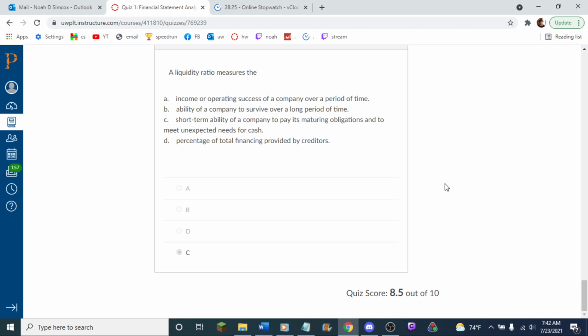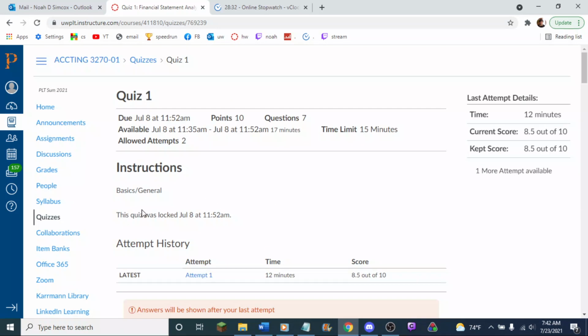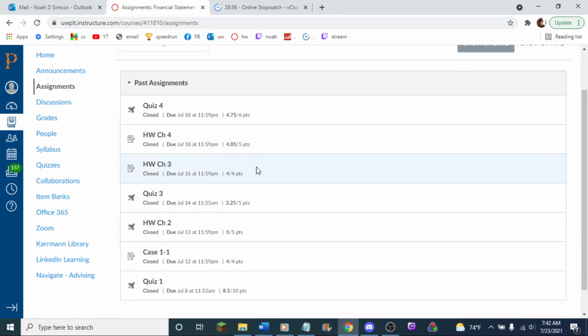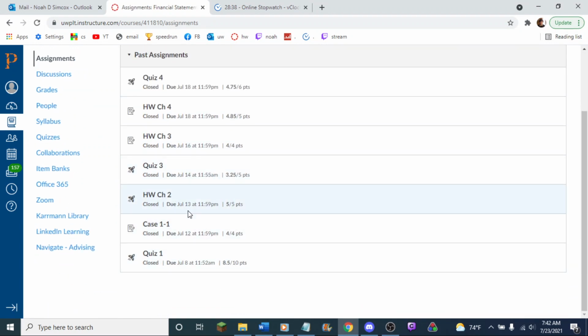A liquidity ratio measures the short-term ability of the company to pay its maturing obligations and to meet unexpected needs for cash. Well, looks like we're studying quizzes. I bet I'm not going to be able to answer one of the quiz questions still.